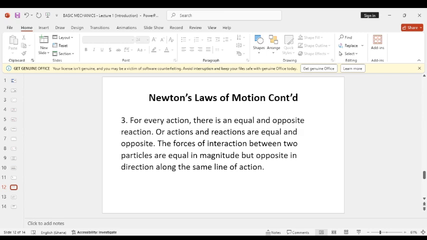Another example: let's say you decide to hit a ball with your hand. For volleyball players, you realize the higher you smash the ball, the more pain you feel in your hand.